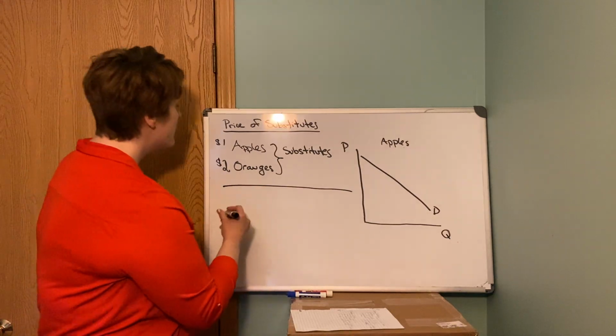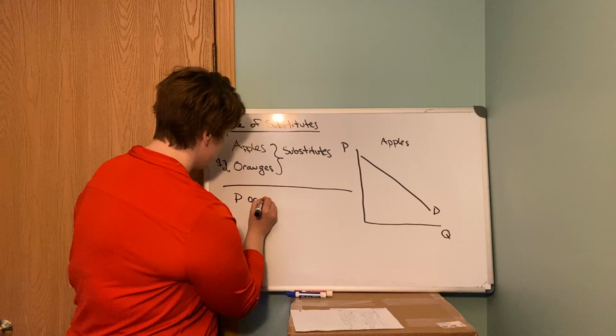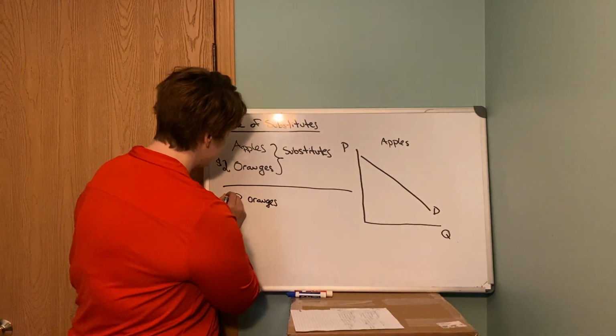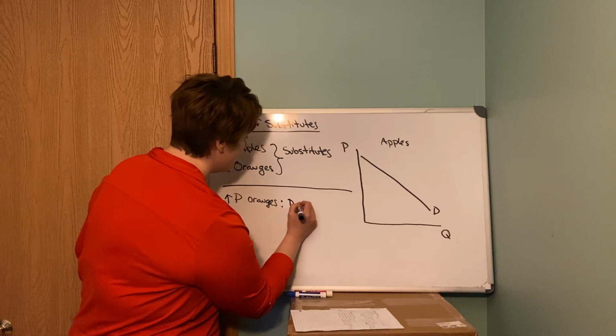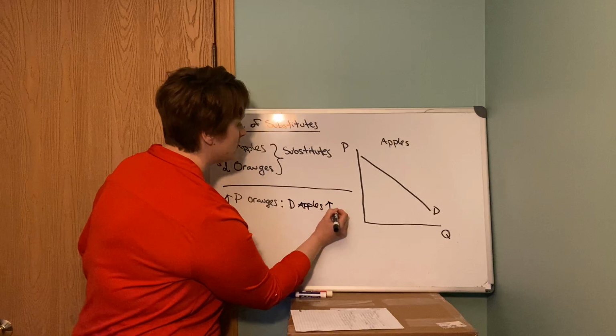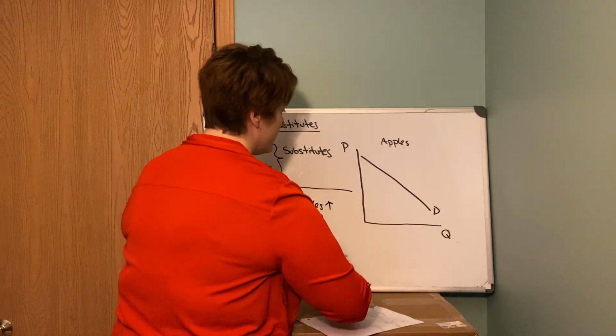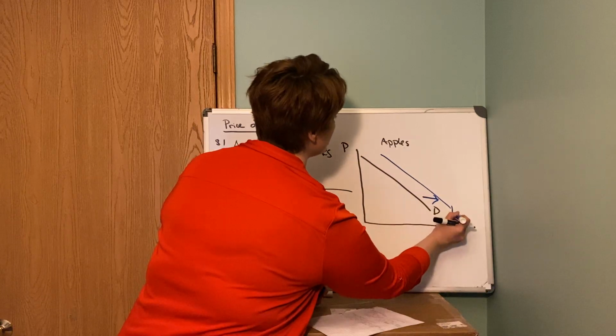So as we increase the price of oranges, the demand for apples increases. And we have a rightward shift of our demand curve.